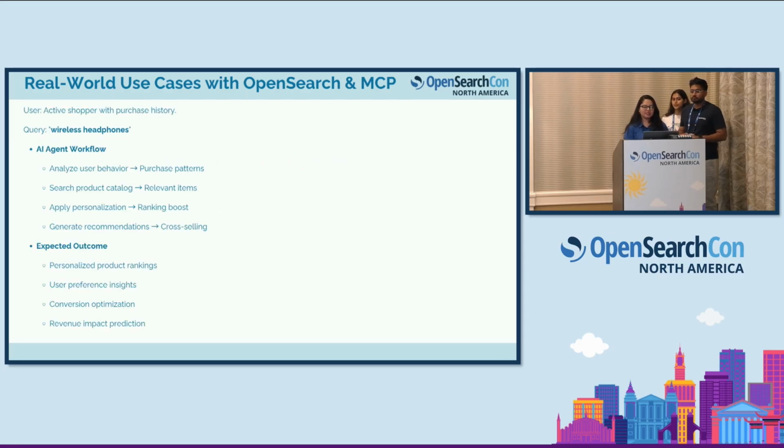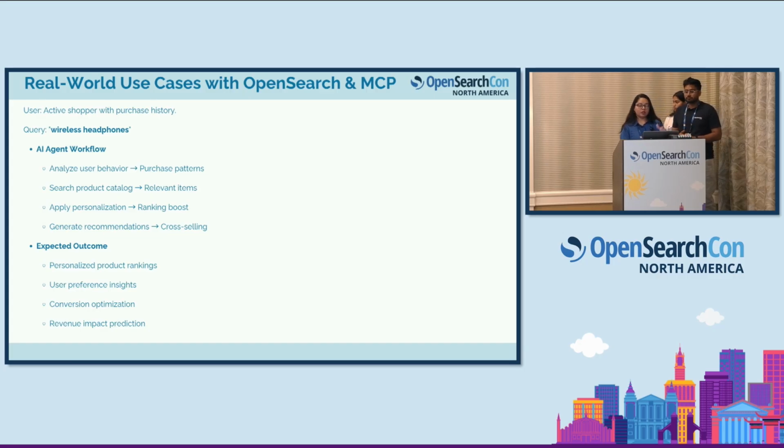And we have an example, like a user that is an active shopper with a long purchase history, and it queries wireless headphones. The AI agent will first analyze the user behavior, then it will search purchase patterns, and then go through the product catalog and search through the relevant items. And since we are already using agentic AI, it will be much more relevant and the results correct, because earlier when we were using KNN vectors, it was giving good results.